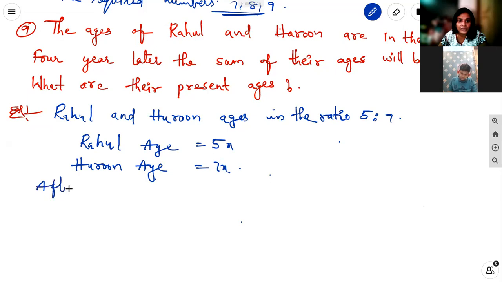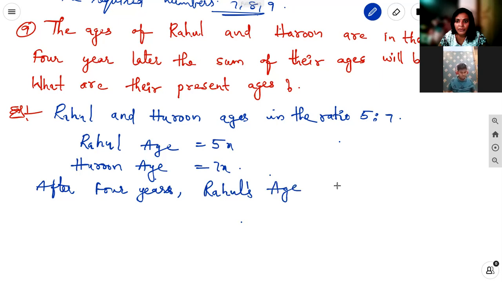After 4 years, 4 years later, Rahul's age is 5x plus 4 and Harun's age is 7x plus 4.